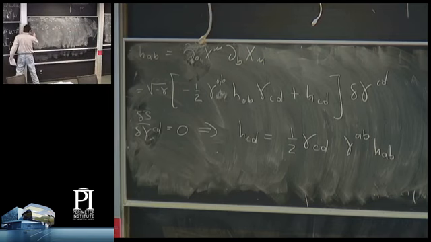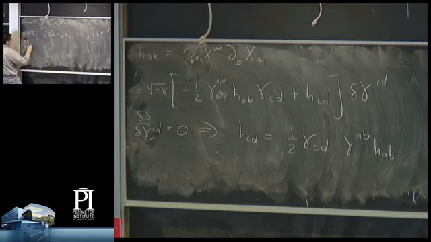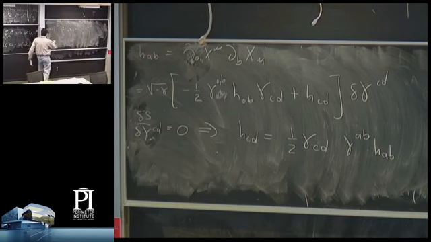Okay, so you can see now that if I'm asking that my action is stationary with respect to variation of gamma^CD, then this guy equals 0, so that implies that the stuff in the square brackets equals 0.